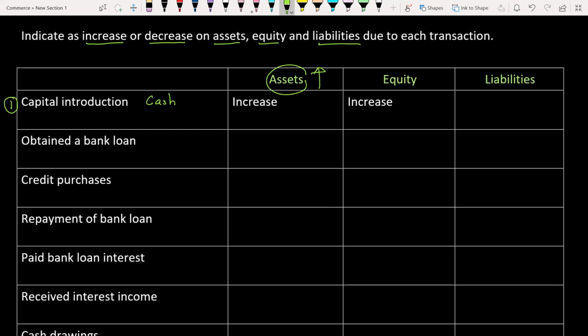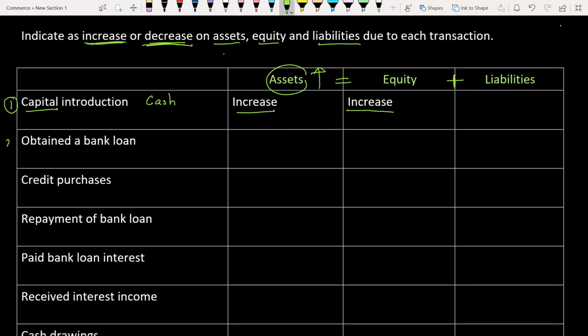So we just write increase or decrease. Because of capital, the equity of the business, or in other words, the value of assets that belongs to the owner of the business, increases. Assets increase and also equity increases.